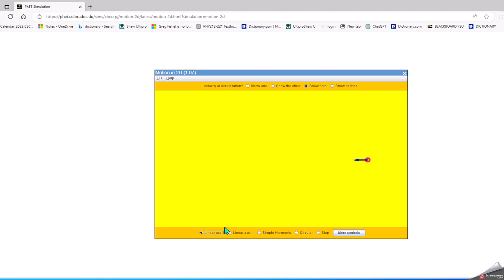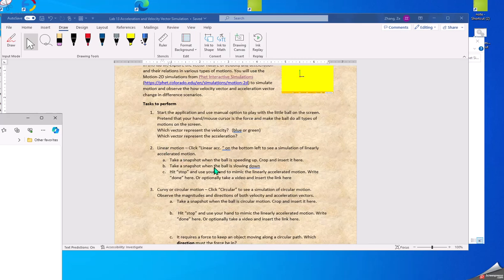So you have to be quick and take a snapshot, see if you can. Or you may use a camera, or you may do a screenshot. When you're done, you take a snapshot of this moment, and then a snapshot of this moment, when it's slowing down. Speeding up and slowing down, insert a snapshot there on the screen and then stop.